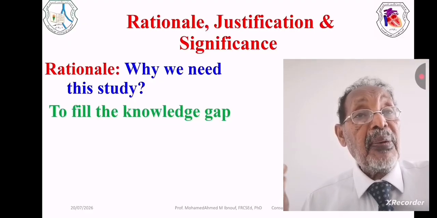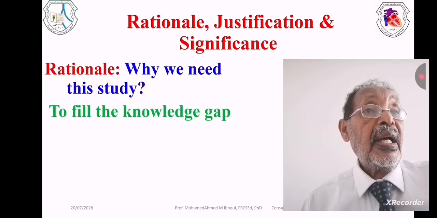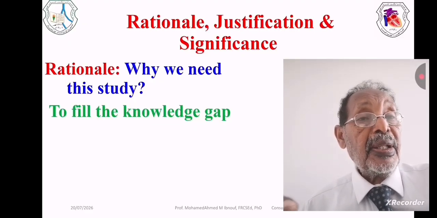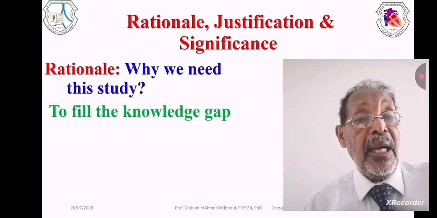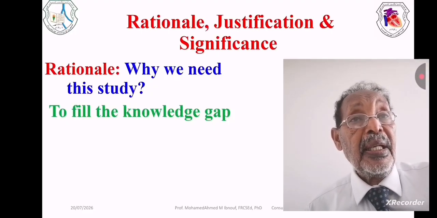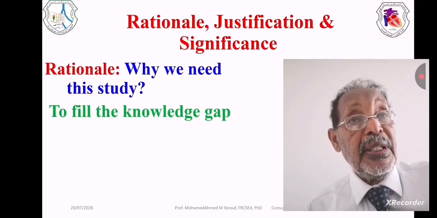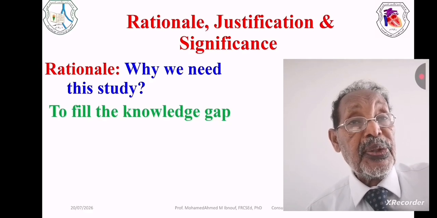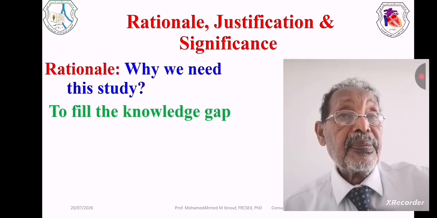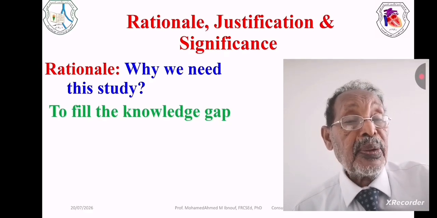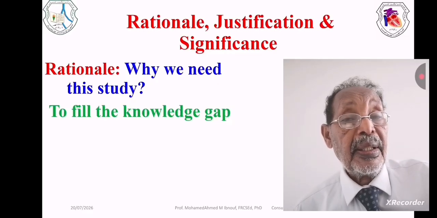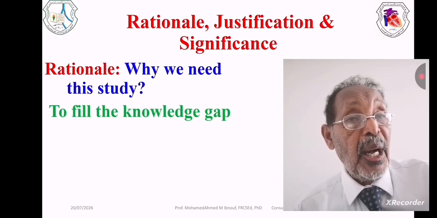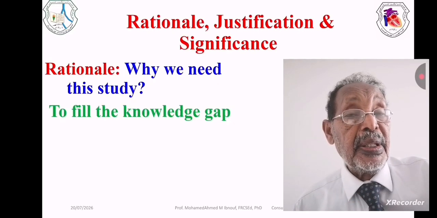This area, how are we going to deal with it, is the rationale. And the word rationale is written with E. When it is written with E, it means why we are doing this work. We are answering this question, why. The rationale is why we are doing it.